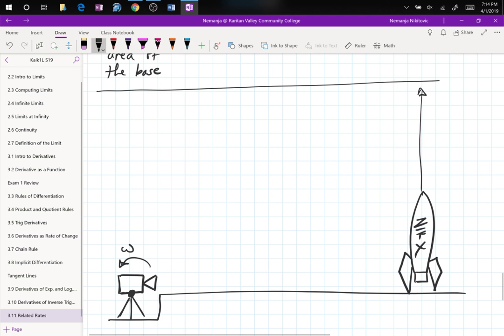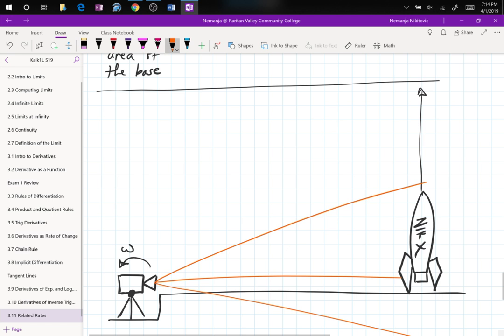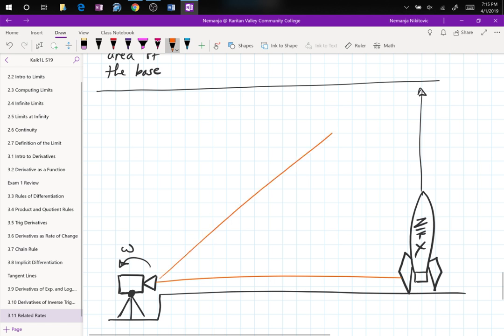And right now, the camera is pointed directly at the rocket. Remember that the camera has the range that it's shooting. So it's enough to represent that range with the middle line, shooting at the rocket. And then eventually the camera is going to rotate and catch the rocket as it's going up.